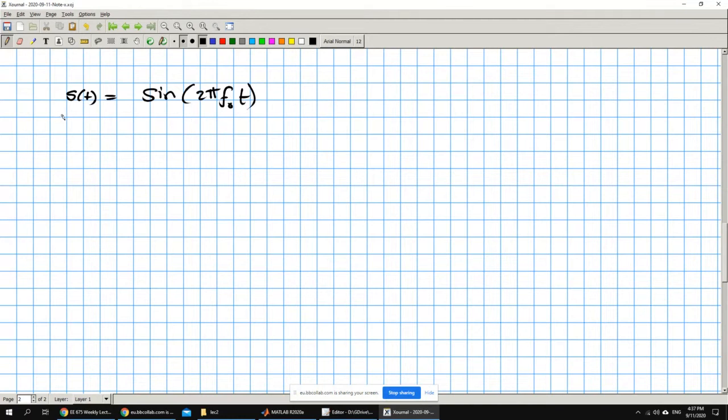We don't really need to have time here. We need it in discrete form, so t would be n Ts, where Ts is the sampling period.